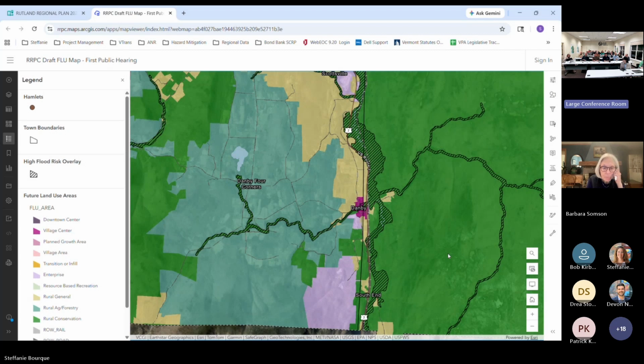That's a great question, Tom, because it relates directly to one of the changes we implemented from the pre-application draft of the future land use map to this first public hearing draft. We heard definitively from the Land Use Review Board that we should be mapping at the parcel level. So that large enterprise area that you see is one contiguous parcel.